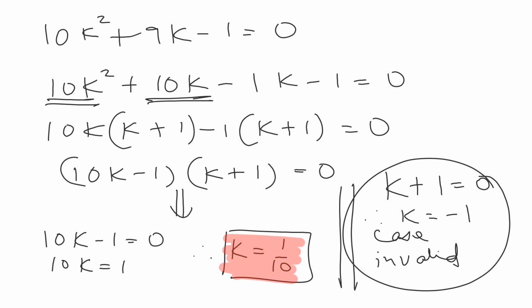They are asking P of x less than 3, right? Just remember k is equal to 1 by 10. Now I'll just draw this table for you. x is 1, 2, 3, 4, 5, 6, 7.